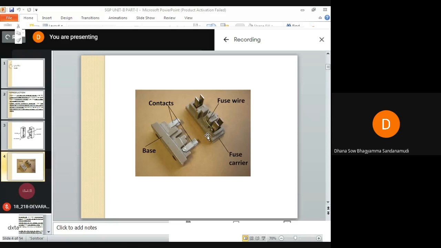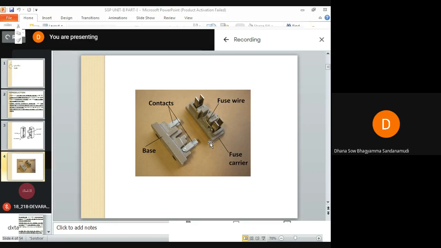So under normal operating condition, when no fault is there in the circuit in which the fuse has been connected, the heat developed in the fusing element carrying the normal current is dissipated into the surrounding air, and the fuse remains at a temperature below its melting point.